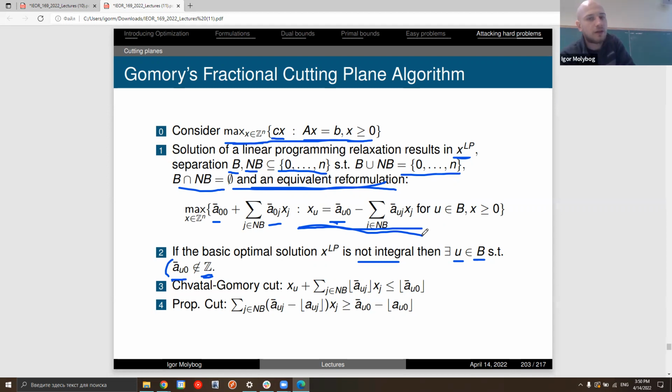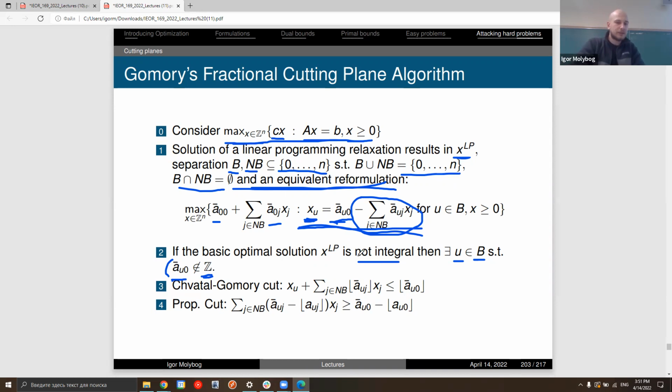And therefore, this entire part at the optimal solution is going to be equal to 0. And then we know that xu takes a non-integral value at this optimal point. And since xu is equal to a u0 bar, then a u0 bar also has to be a non-integral value. Okay.